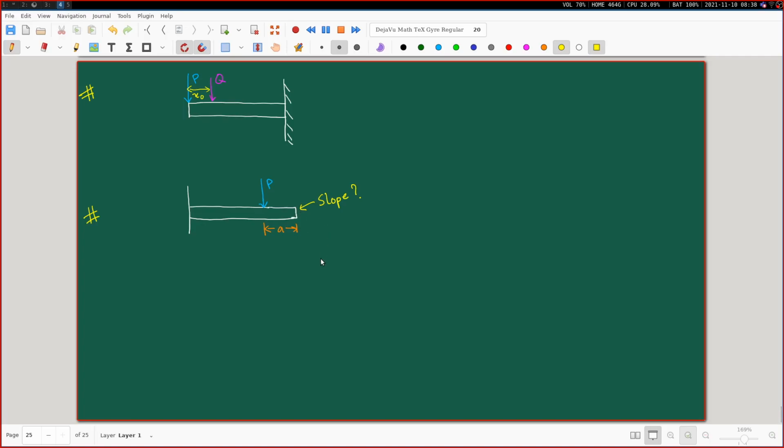So we introduce a dummy force. Not dummy force, not dummy force. Whenever you are asked a slope, you introduce a moment. Let me write this.